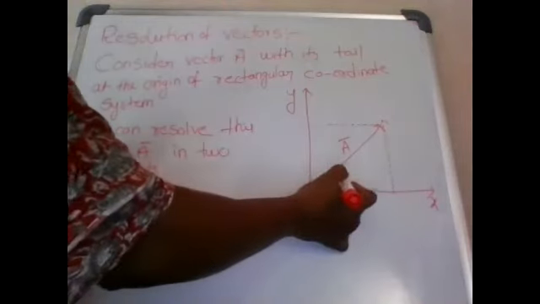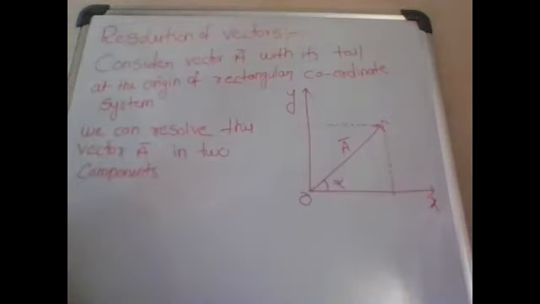This vector makes angle alpha with the x direction.